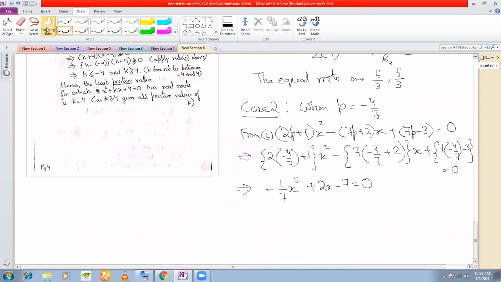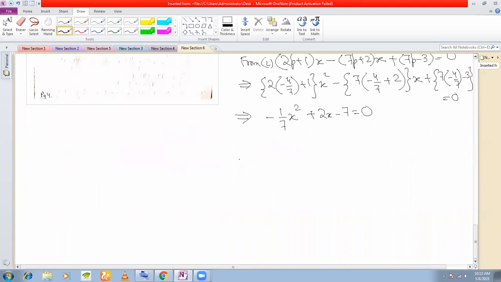You're getting this quadratic. Now exactly as you had done earlier, x is equal to minus b plus or minus root over of b square minus 4ac by 2a. Now here you know that the discriminant is 0 because the roots are equal, so you simply get minus b by 2a.